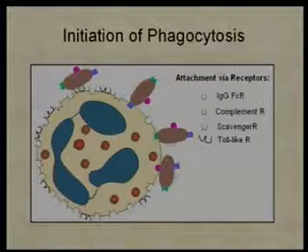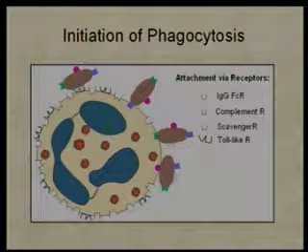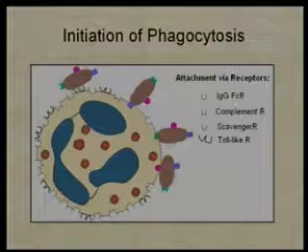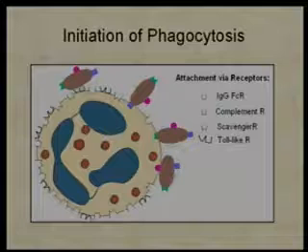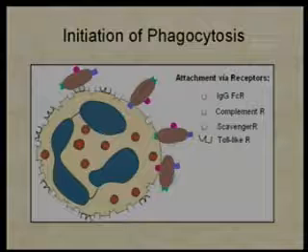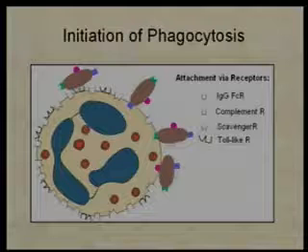If we get infected with a bacterium, and if we already have antibodies to that bacterium, those antibodies will bind to the bacterial cell. So this is an antibody bound to the bacterial cell, and then that will engage with the Fc receptors on the phagocytic cell, bringing the bacterium into contact with the phagocytic cell.